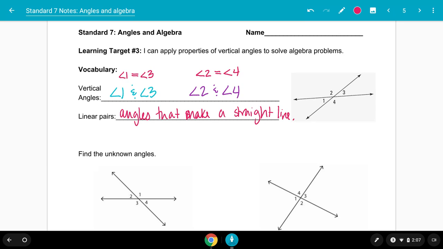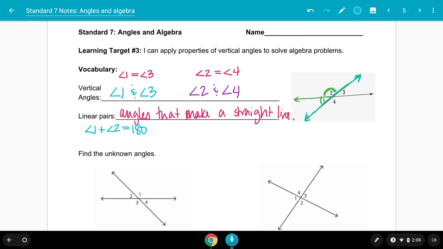Okay, watch this. Here is a straight line. On the top left, you have angle 1 and angle 2. Those two angles are obviously not equal to each other because angle 1 is acute and angle 2 is obtuse. However, they make this straight line, which means that angle 1 plus angle 2 equals 180 degrees.